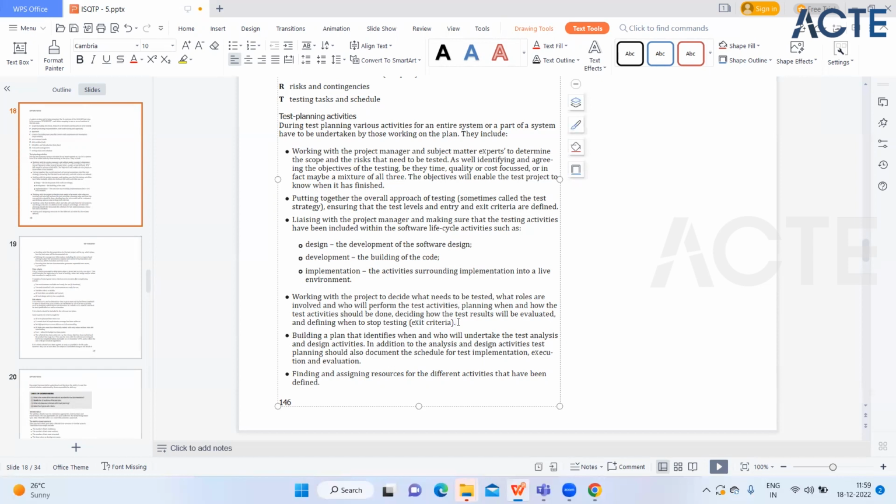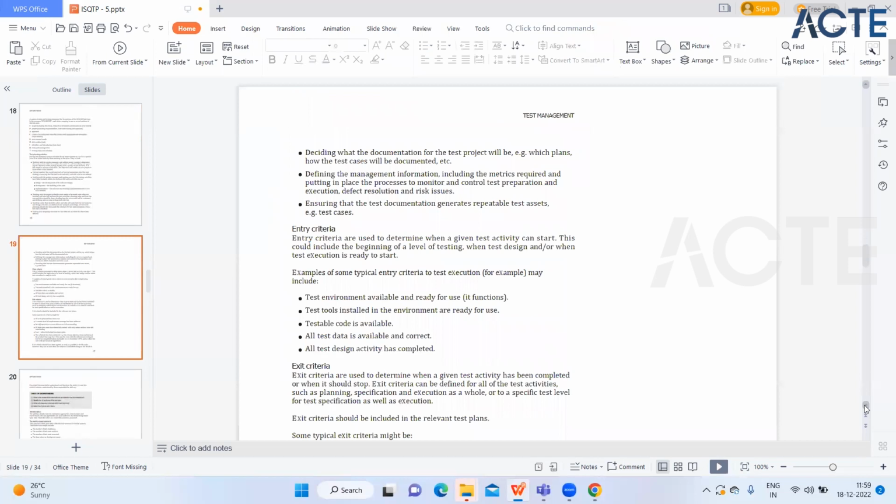So where will we be defining how the test results will be evaluated and when to stop testing? We define it under the exit criteria. Just remember this point, maybe you'll get the question.